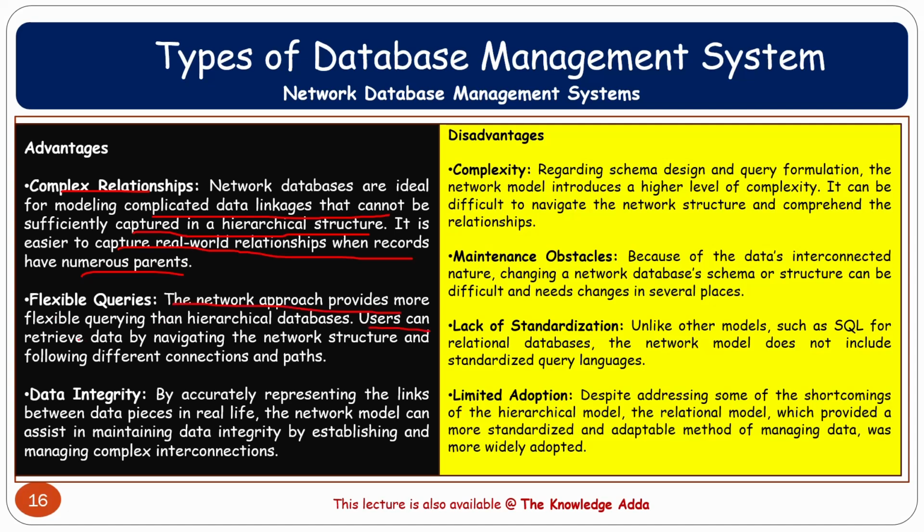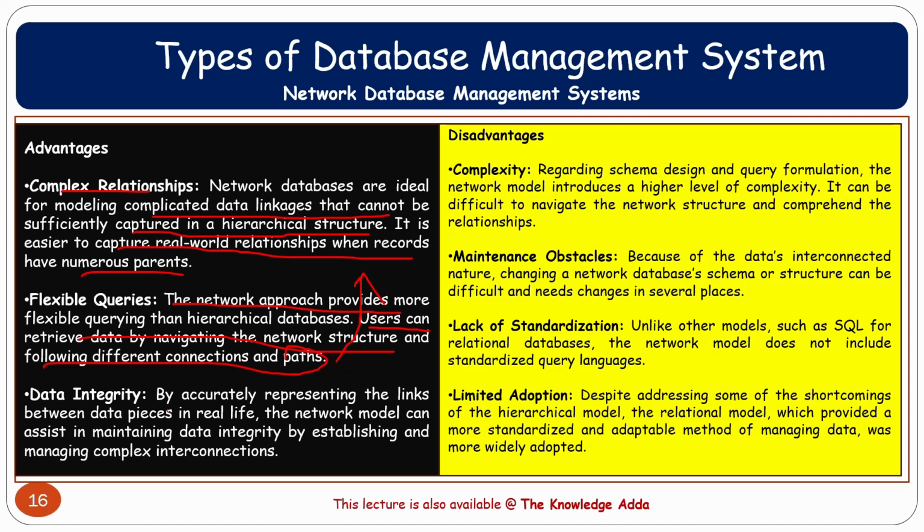A user can retrieve data by navigating the network structure and following different connections and paths. In a hierarchical database there is a predefined path, but in a network database management system multiple paths are available, so we can choose the shortest path or the most secure path to access data.